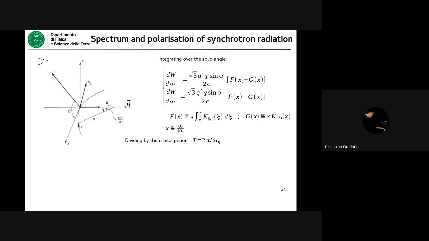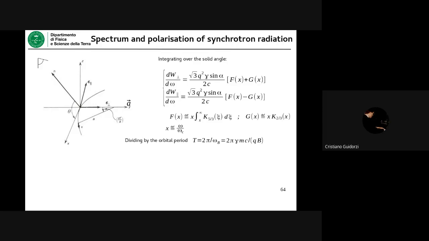Now, the very same trick that we used last time when we wanted to study the total spectrum of synchrotron radiation, in that case we didn't care about the polarization. The only difference here is that we keep separate the two polarization modes. So we just do the very same trick. We calculate the average power by dividing by the orbital period, which again depends on the gyration frequency.